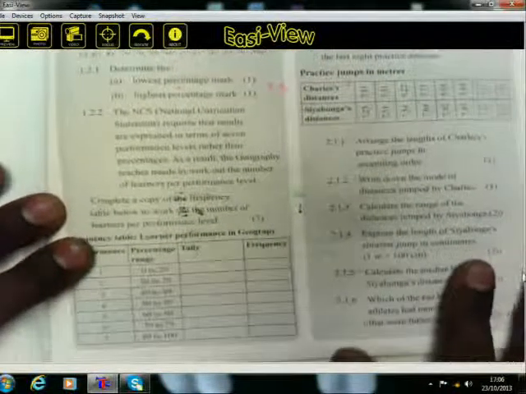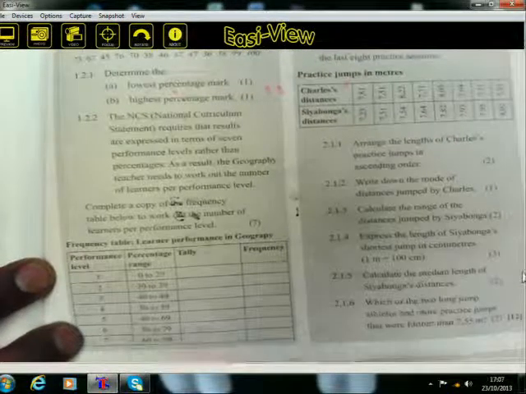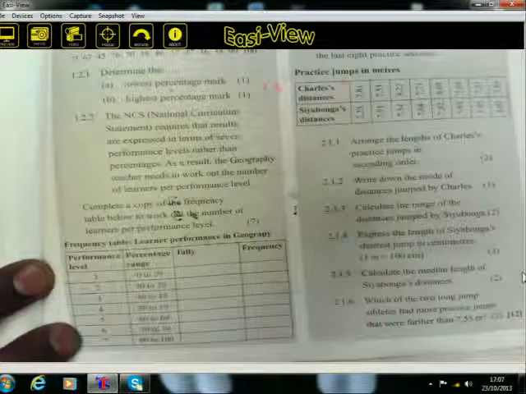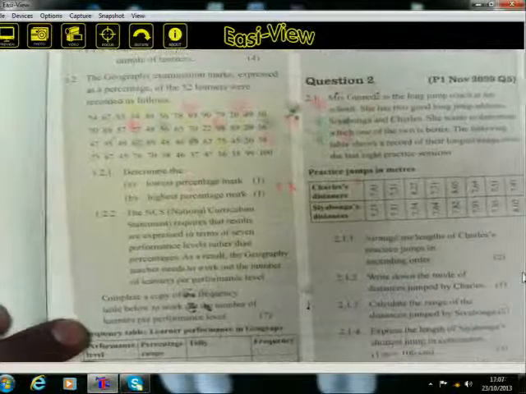Now, let's check it. Do you see now? Here it's our frequency table. That's learners who performed in geography. Remember, we did them here, 1.2, if you can remember. Let me repeat it again.